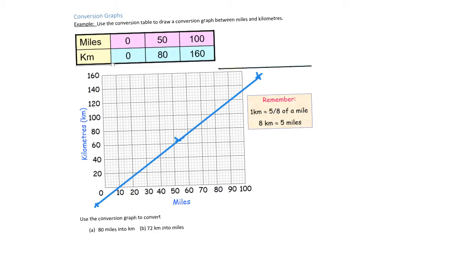To use the conversion graph to convert 80 miles into kilometres, we go along to 80 miles, draw a line up to the graph, and take it across to the kilometres axis and see how far that is. We normally do that with a dashed line. So there's the line, and then we draw across to the y-axis.